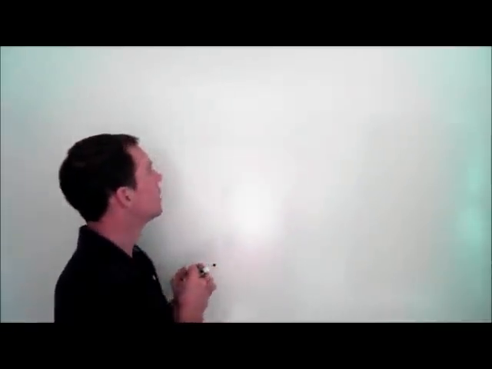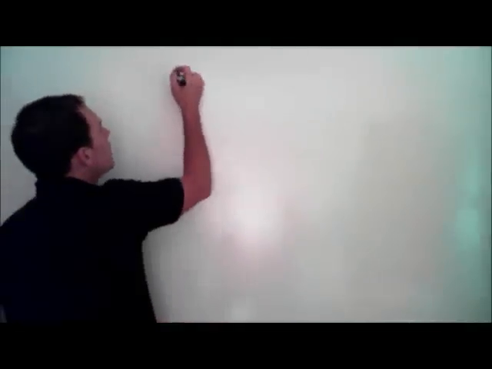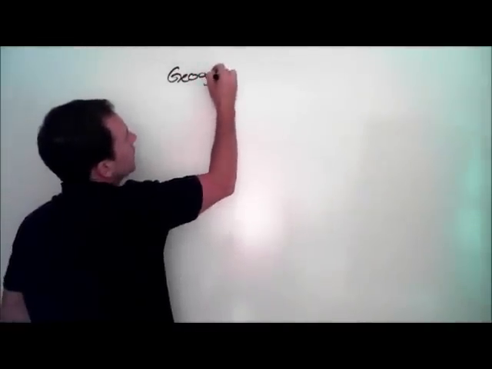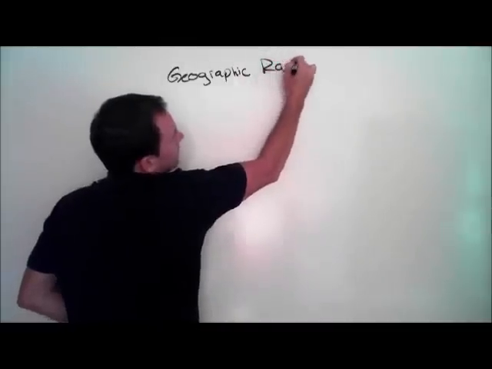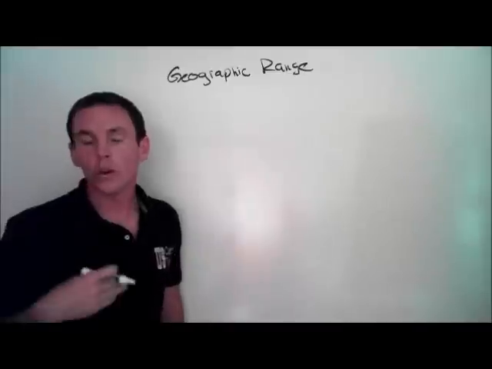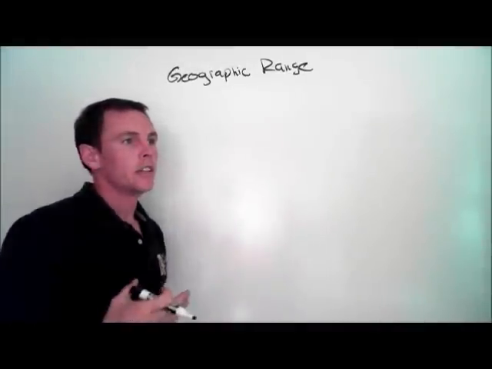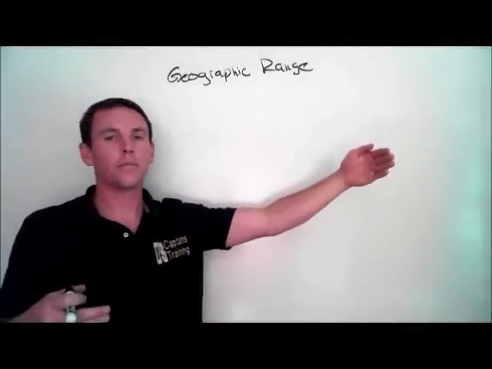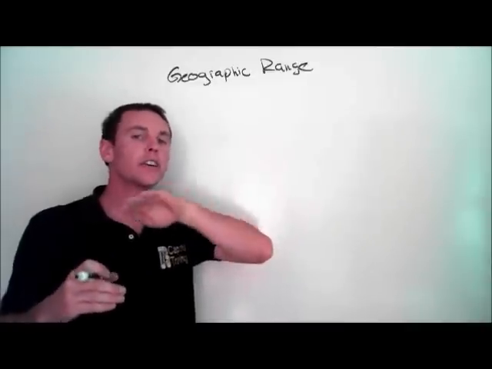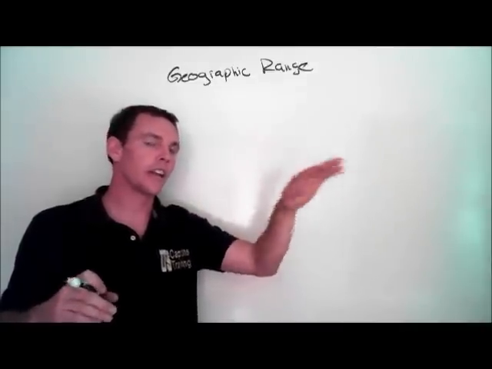Let's look at geographic range. Geographic range is the theoretical distance you should be able to see an object from, considering the curvature of the Earth and not the visibility.